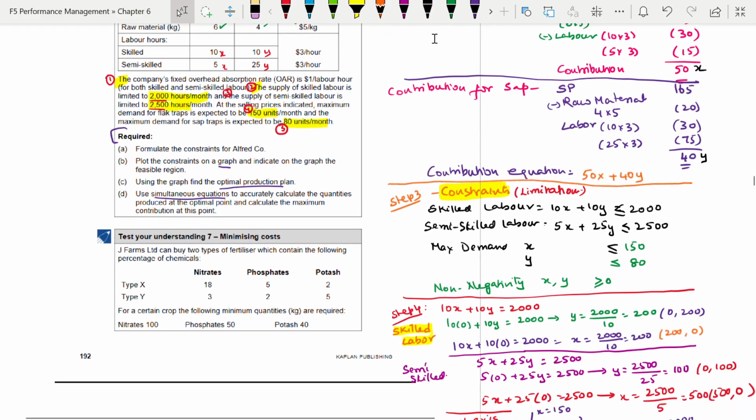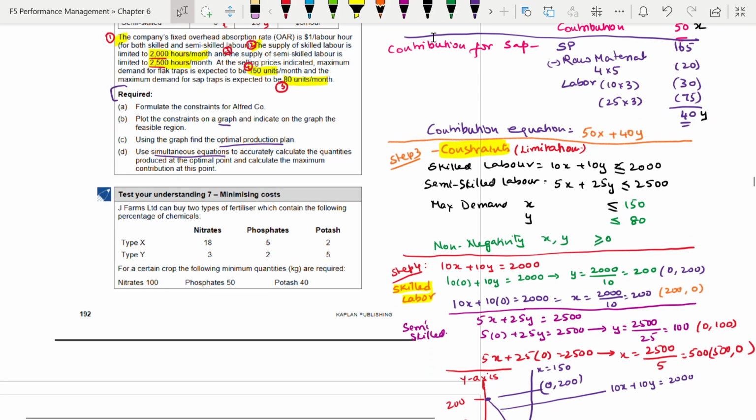Now, once you have these, we know that 50 is for the product x and 40 is for the product y. Then, based on that, we should know what the availability options are, how much we can utilize.